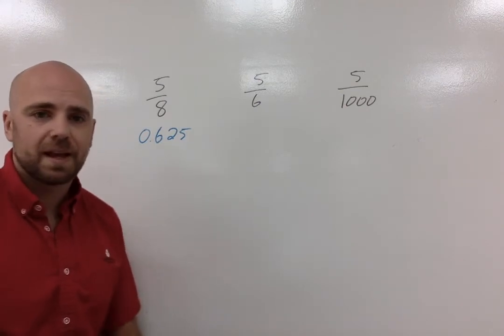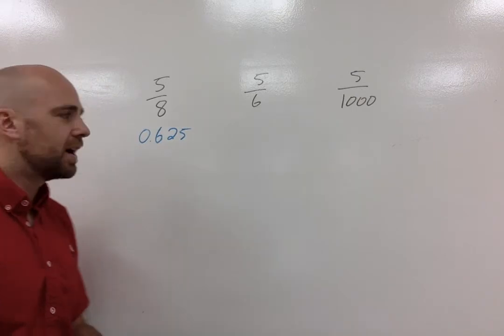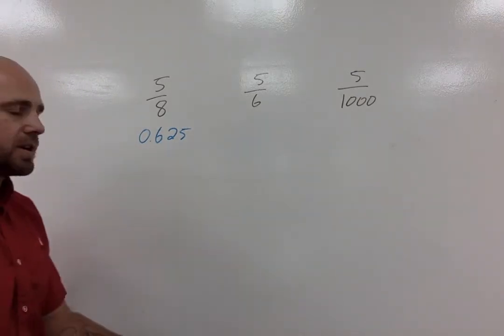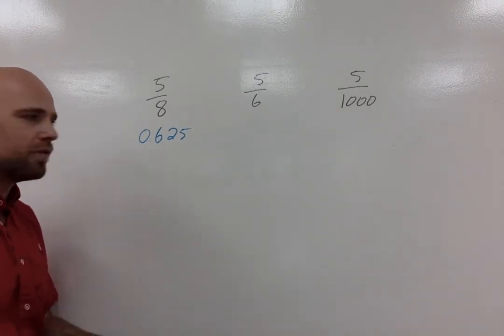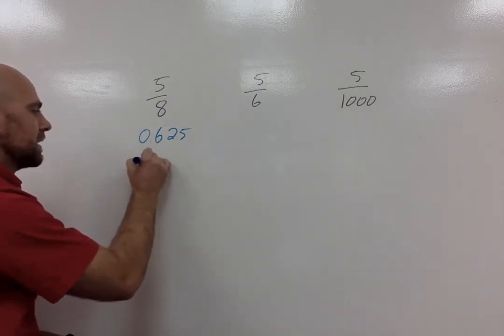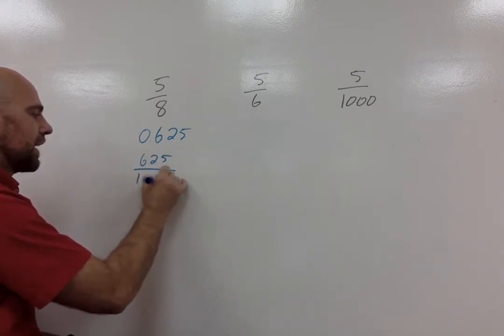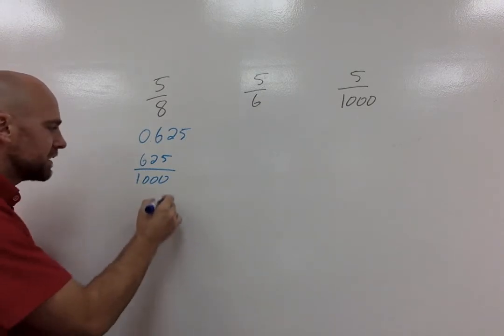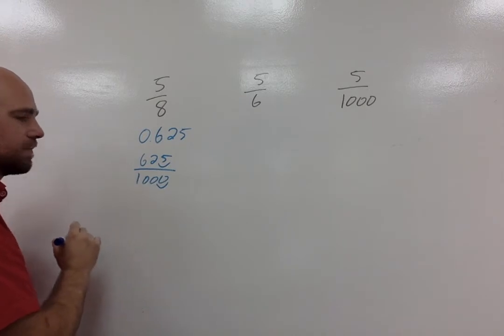Okay? So if I have 0.625, and I need to calculate what it is as a percent, I can turn this back into a fraction and get it over 100. So right now I'm going to get 625 over 1,000, and then to find out what it's going to be for my percent, I need to have it over 100. So I need to move the decimal over. Okay?